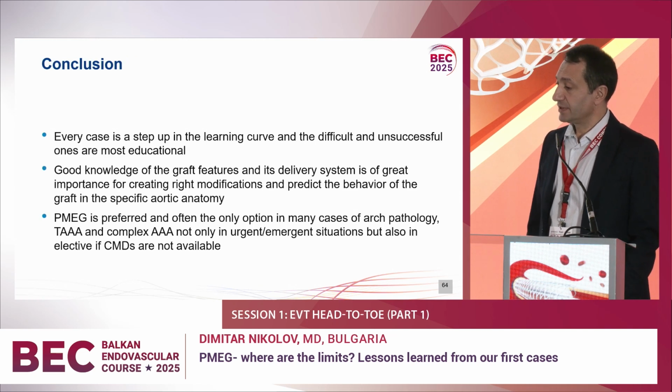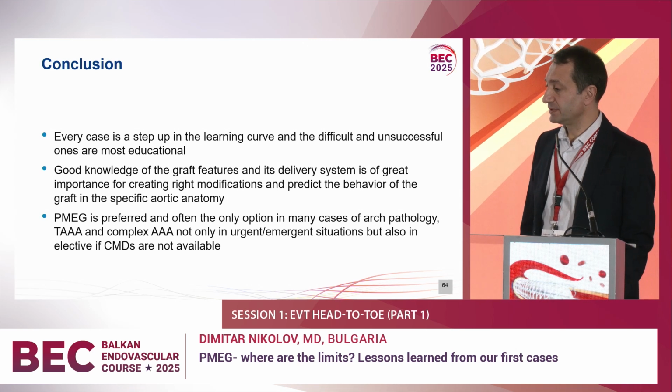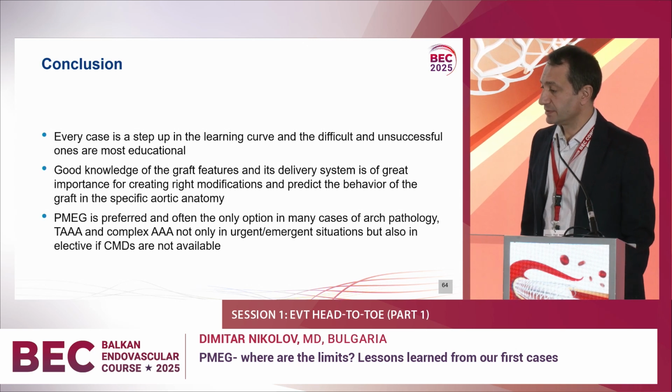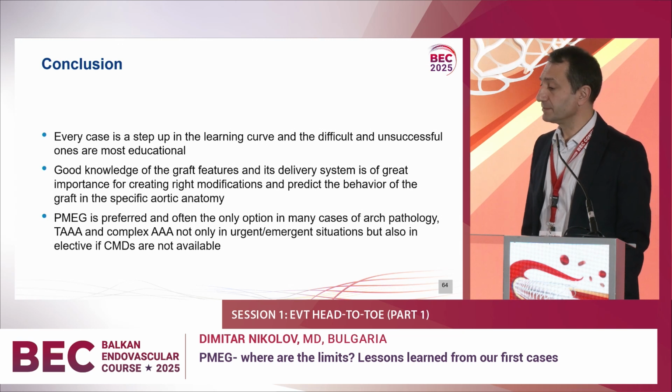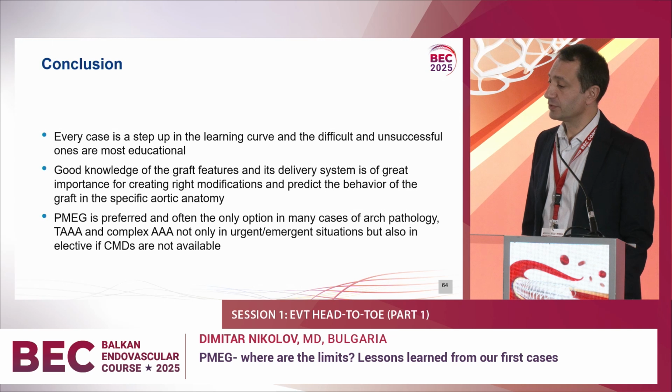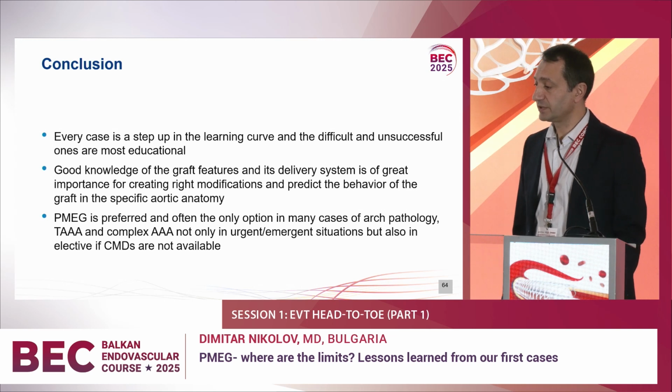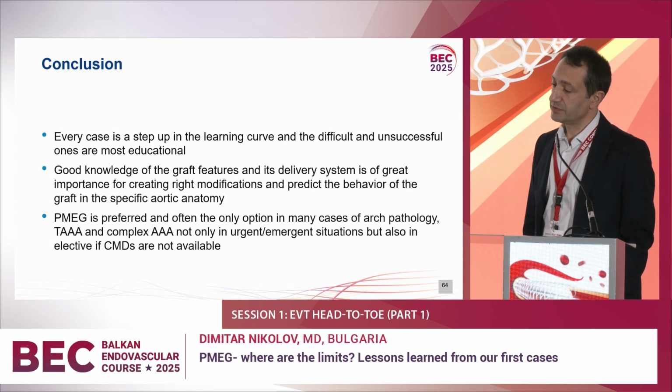In conclusion, every case is a step up in the learning curve, and the difficult and unsuccessful cases are most educational. Good knowledge of the graft features and its delivery system is of great importance for creating the right modification and predicting the behavior of the graft in the specific aortic anatomy.